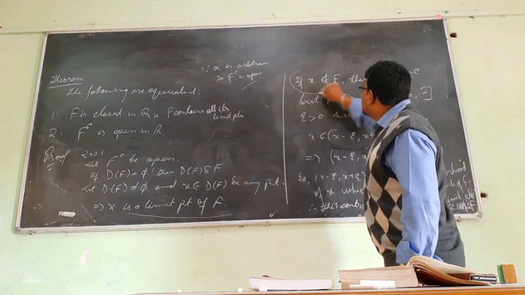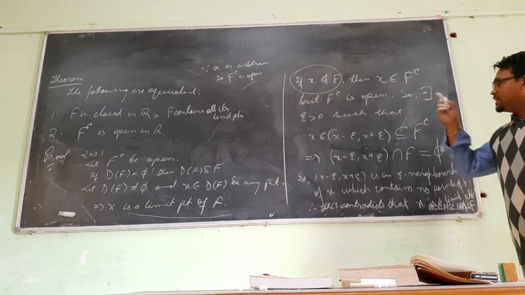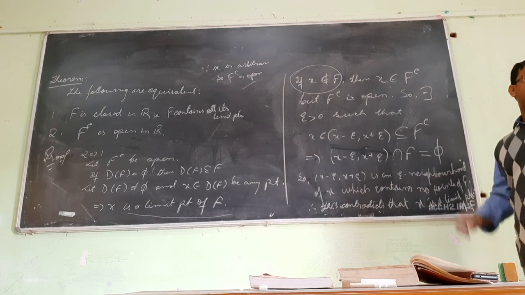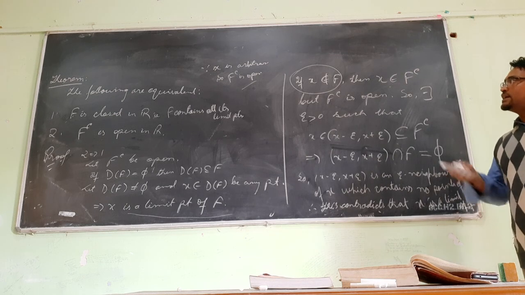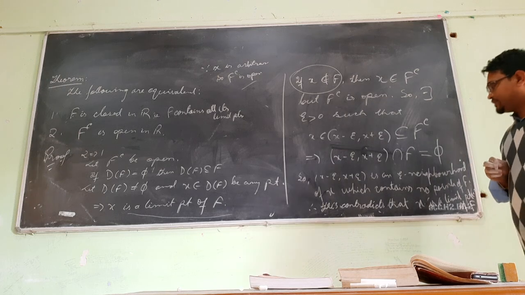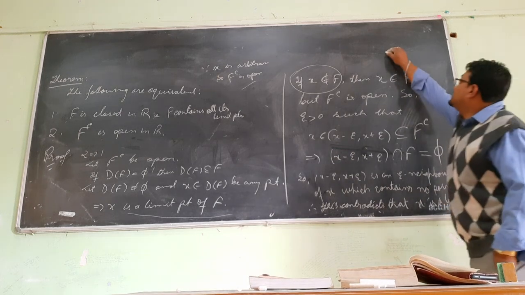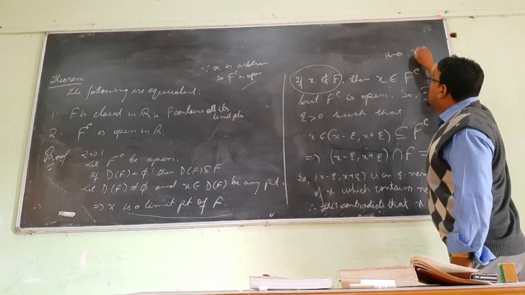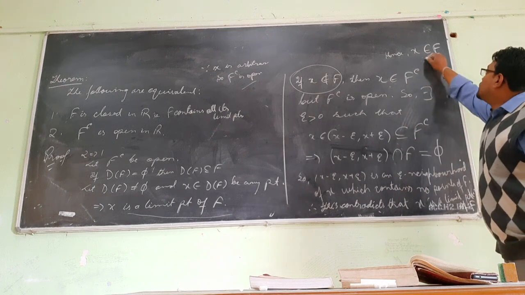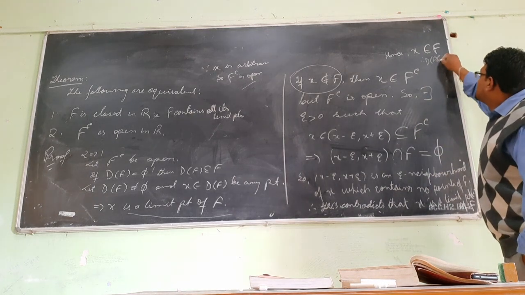The problem was here: if X does not belong to F. If X is not there in F, then we get a contradiction. That means X has to be there in F. Hence, X should belong to F. Okay. So therefore, the derived set of F is a subset of F.